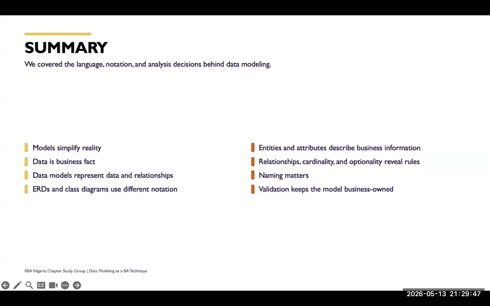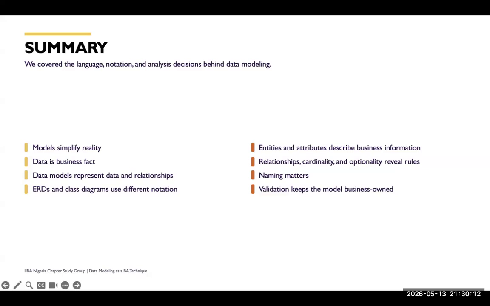We're not done. I know we're seeing the summary page, but there's still a few slides to go. So what we've covered so far, we've covered the language, we've covered the notation, and we've said models simplify reality. Data is a business fact. Data models represent data and relationships. Entity relationship diagrams and class diagrams use different notations.